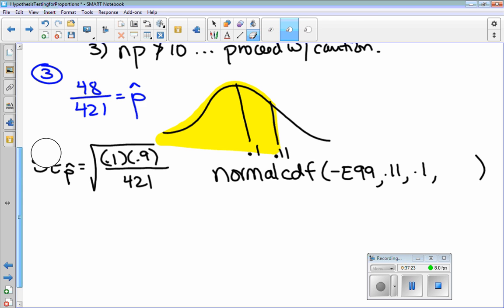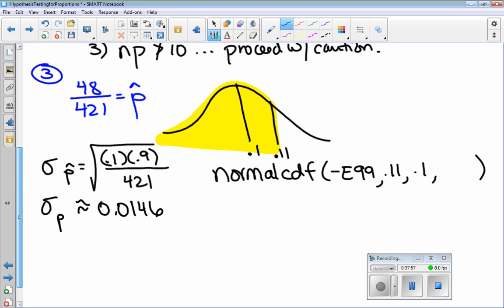Thank you, thank you, thank you. Yes. Let's actually use the correct notation. I don't know what that is off the top of my head, but we'll find it. I'm surprised no one said anything, because we're skipping a step, but that's okay. Maybe you don't recognize it yet. With 421, this is 0.0146. Okay? So over here, we're going to put 0.0146.